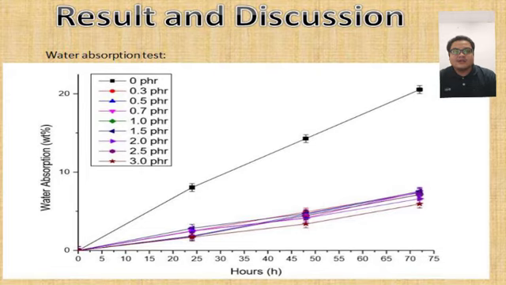When we start add silicon dioxide to the mixture, the absorption percentage decrease, and the lowest absorption recorded, which is about 5.93% at the highest amount of silicon dioxide, which is 3.0 pHr. This lower absorption means water molecules are now difficult to enter the coating.